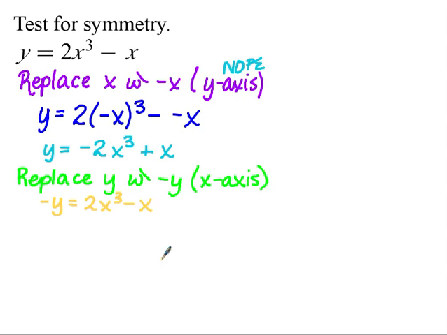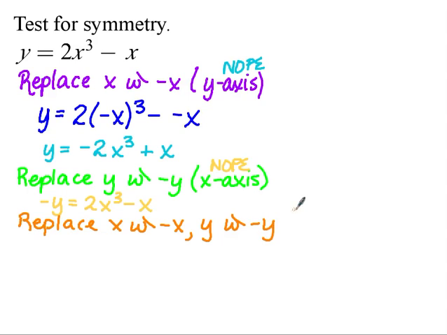Yep, and if you look, does it equal the same thing as the original equation? Nope, so that means there's no x-axis symmetry. So now we're going to do both. We're going to replace x with negative x and y with negative y, and this will test if it's got origin symmetry.